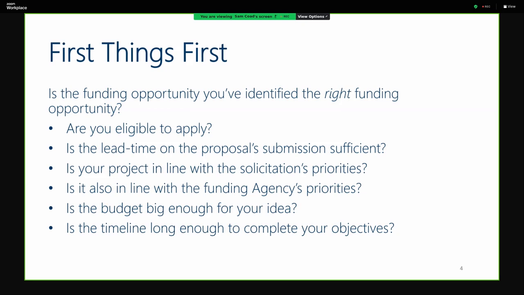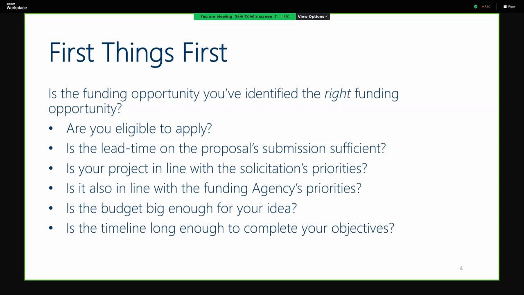presumably, if you're reaching out to us or if you're interested in applying, you've already found the grant opportunity that you want to submit an application for. And the first thing that you want to do is identify if the funding opportunity that you've identified is the right funding opportunity.